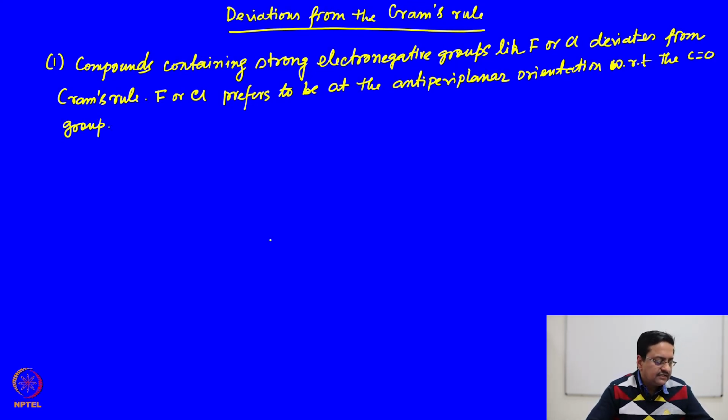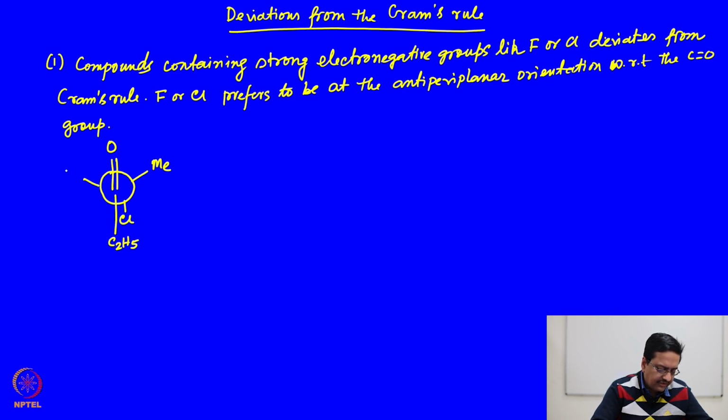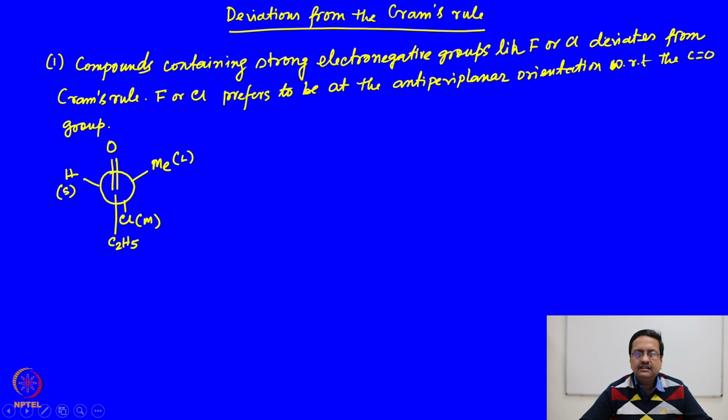In such a case, we may have a particular molecule which I am drawing here, with a methyl substitution, a chloro substitution and a hydrogen, where methyl is the large group, chloro is the medium group and hydrogen is the small group. But this is the preferred geometrical orientation of the chiral carbon at the back, as chlorine is highly electronegative and it tries to stay anti-periplanar with respect to the carbonyl group.